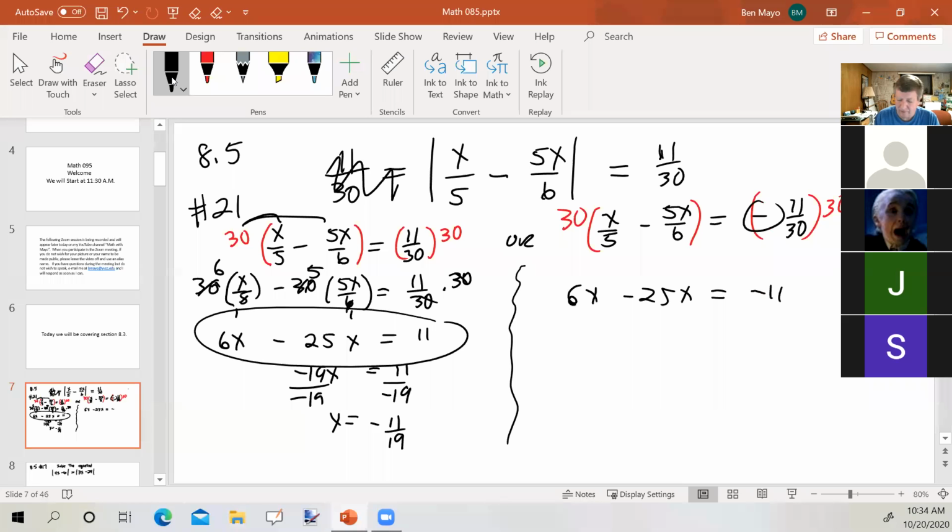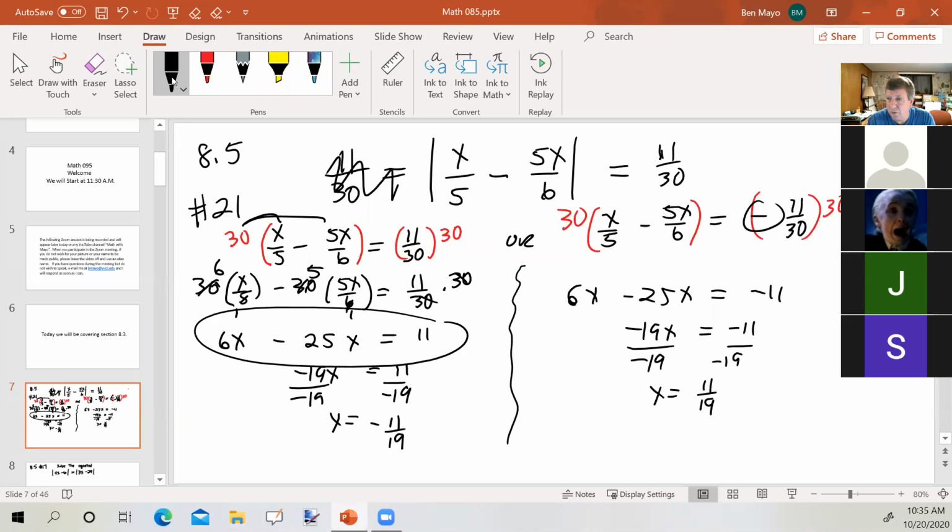Negative 11. But can you see that everything else would be the same? We okay with that? All right, good. So then negative 19x equals negative 11. Divide by negative 19, x equals 11/19. Okay. So we've got negative 11/19, 11/19.